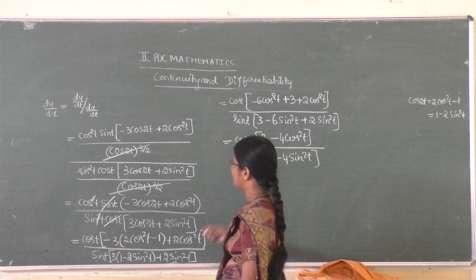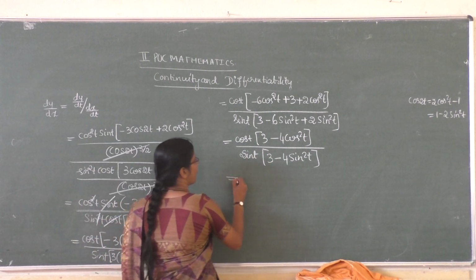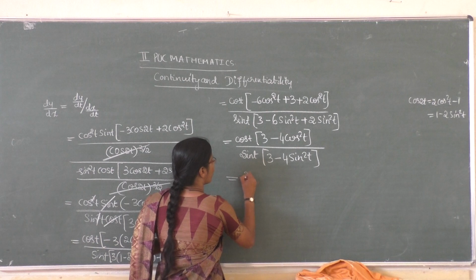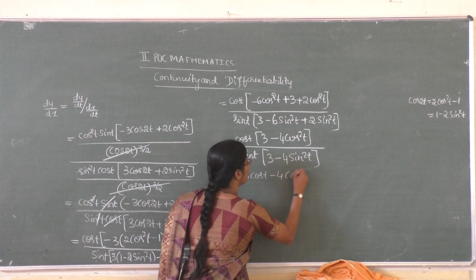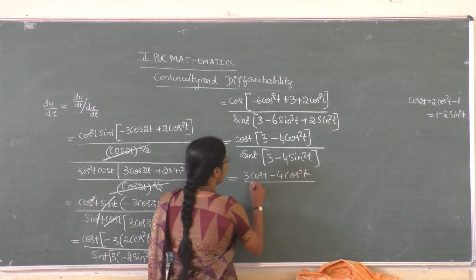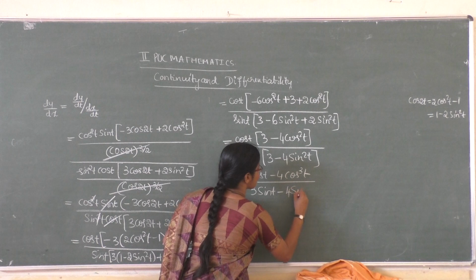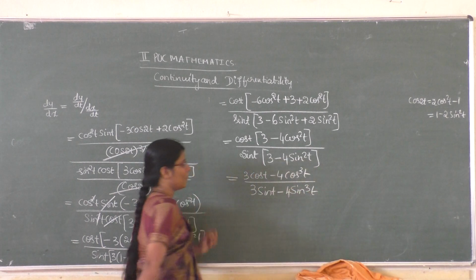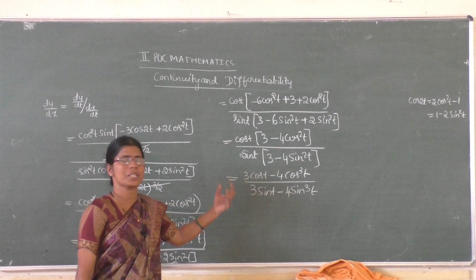Now see, we got a very simplified form. Then also we can simplify further. Multiply by cos t, you get 3 cos t minus 4 cos cube t divided by 3 sin t minus 4 sin cube t. Okay, so this is a known formula which you studied in first PUC, correct?